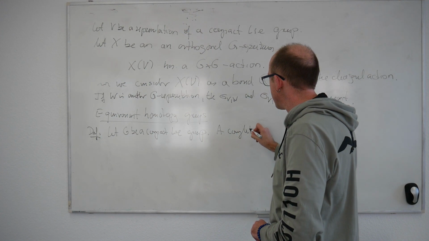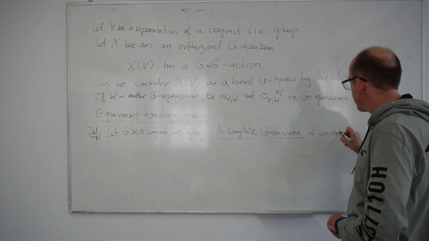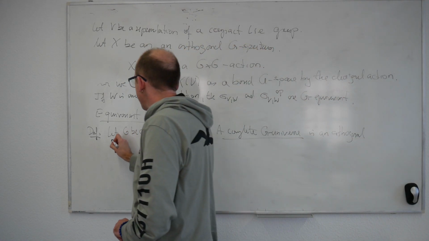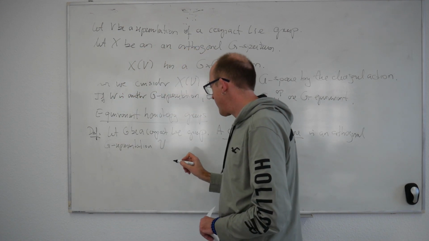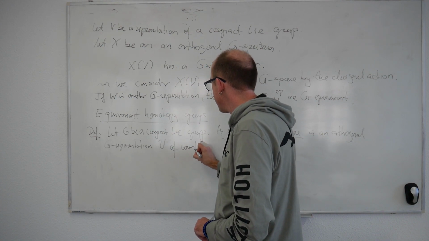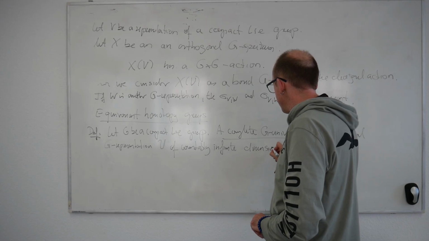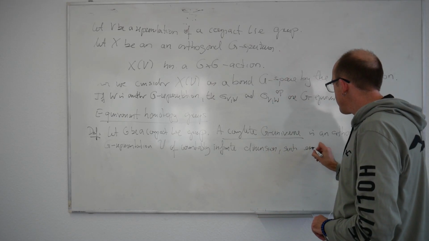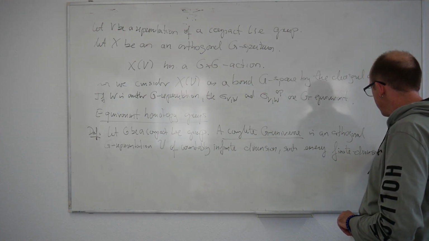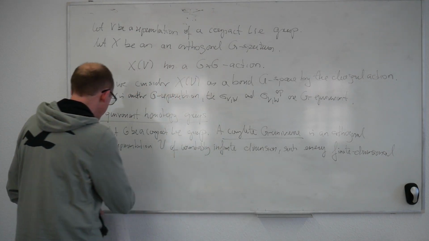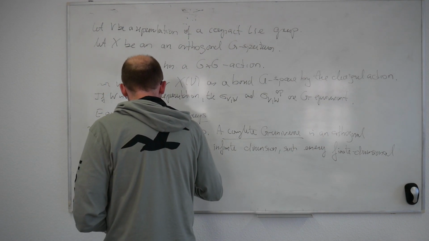A complete G universe is an orthogonal G representation, which I call math cal U, of countably infinite dimension, such that every finite dimensional G representation admits an equivariant linear isometric embedding into U.